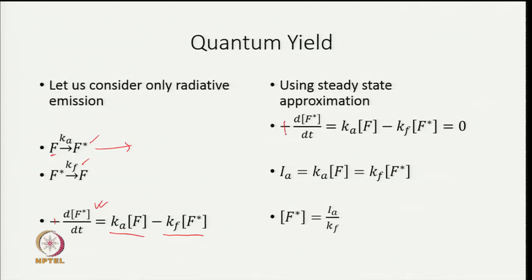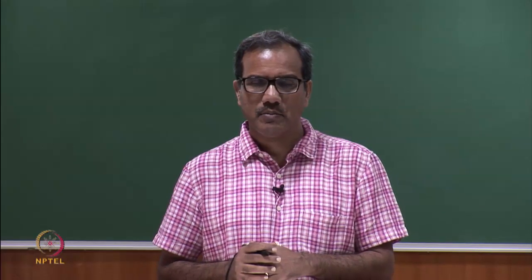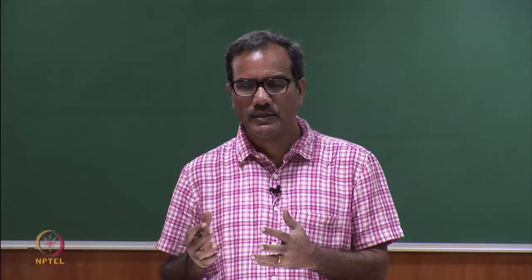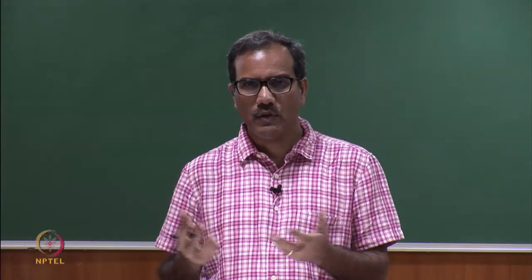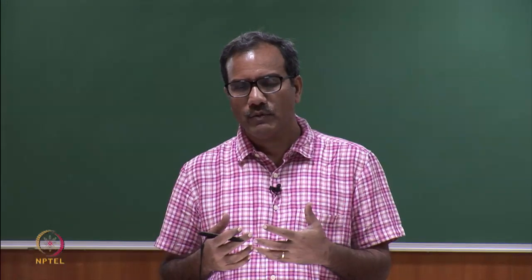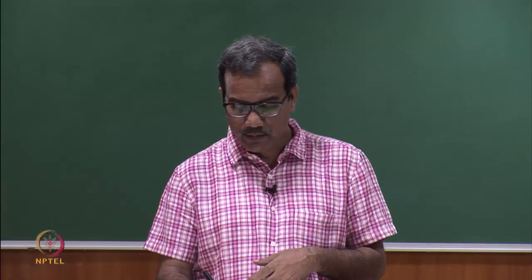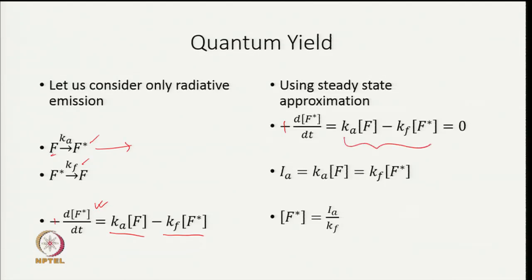Now, we know that F star is an intermediate, and so we can apply the steady state approximation, because F star is quite unstable, it goes very fast to the ground state. When we apply the steady state approximation, we make this equal to 0. So, d F star by dt is equal to K A into F minus K f into F star, and this should be equal to 0.